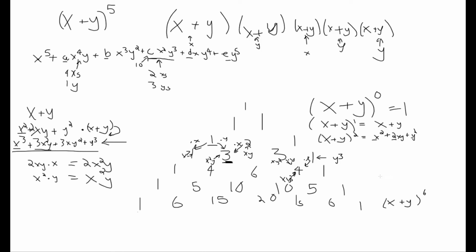There are 4 xy cubes produced from that. 3 of them are from the 3 xy squareds being multiplied by a y, which will get 3 xy cubed. And then we get 1 xy cubed from this y cubed being multiplied by x.